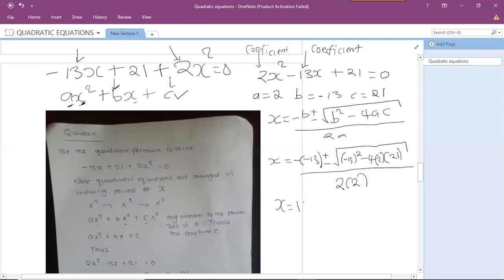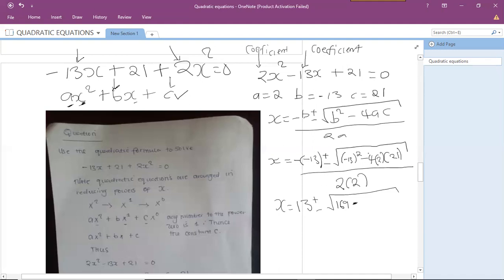So it will be 13 plus or minus root of, so on your calculator, what's negative 13 times negative 13? 169. Then negative 4 times positive 2 times positive 21 will be negative something.